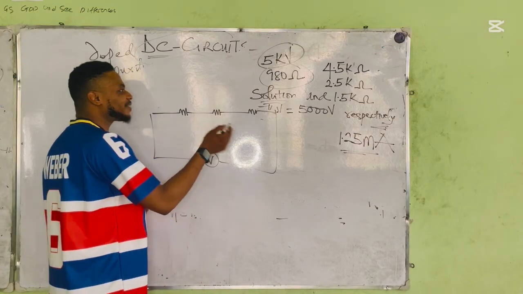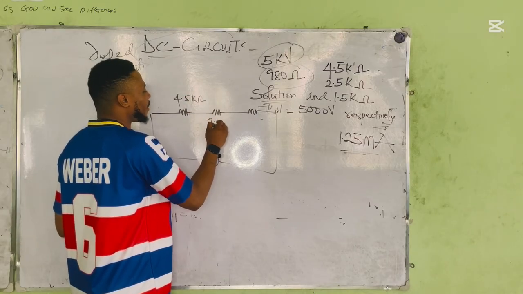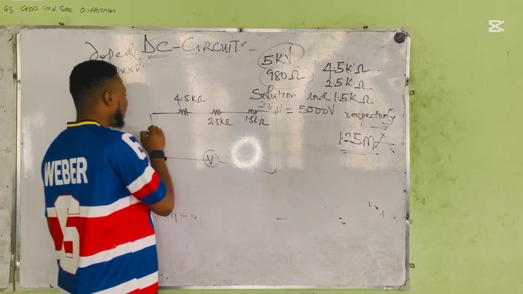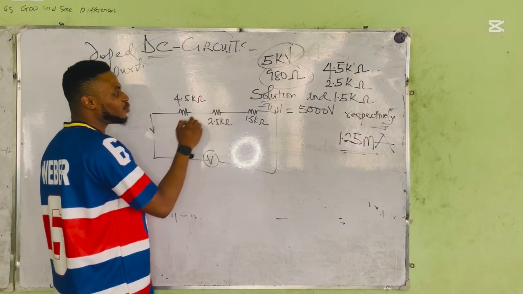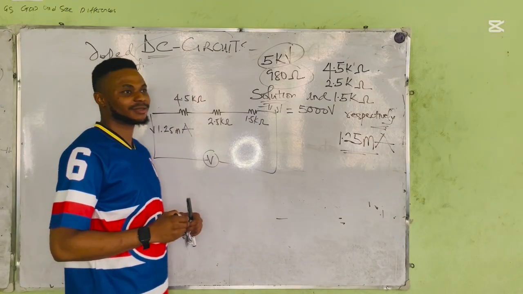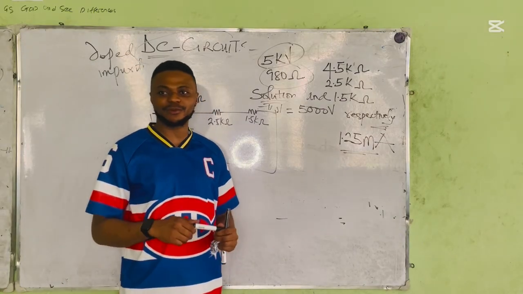But we have 3 resistors, 4.5 kilo ohms, 2.5 kilo ohms, and 1.5 kilo ohms. Then the current that is flowing through this circuit, we are being told that is 1.25 milliamps of current. When you see that arrow, it indicates current flowing.